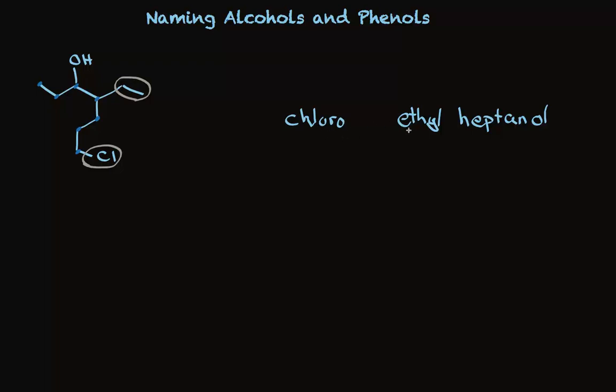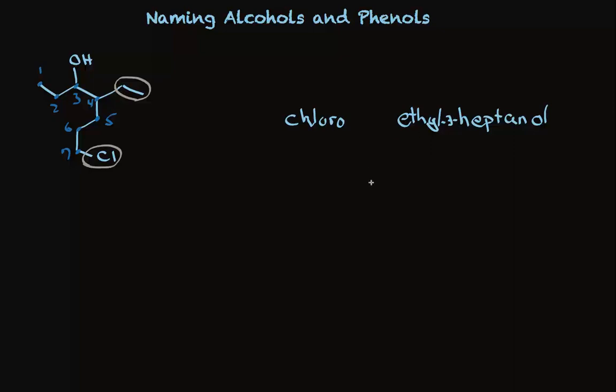And now we need to say where everything is. The alcohol group, the ethyl group, the chloro group. So we need to number this chain from the end that's closest to that functional group. So the hydroxyl group, the alcohol, is on the 3rd carbon. We need to say this is 3-heptanol.